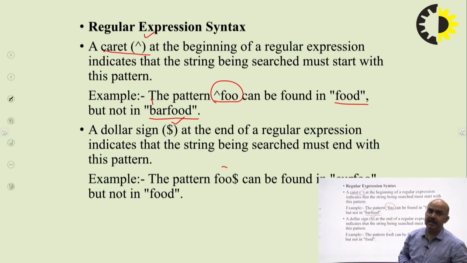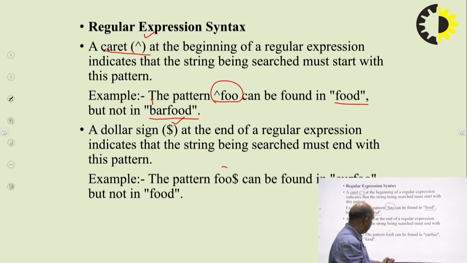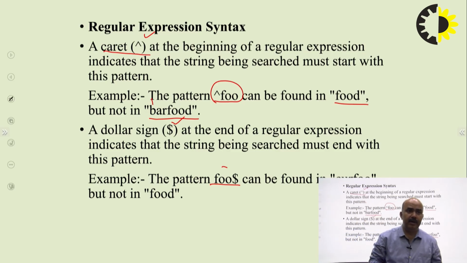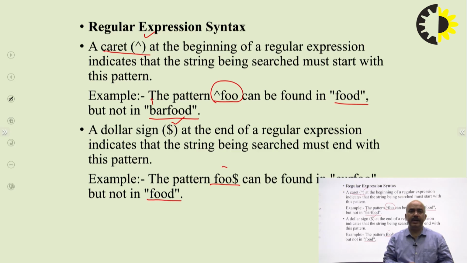In this example, FO$ can be found in the word curfew, but it won't be found in the word food.